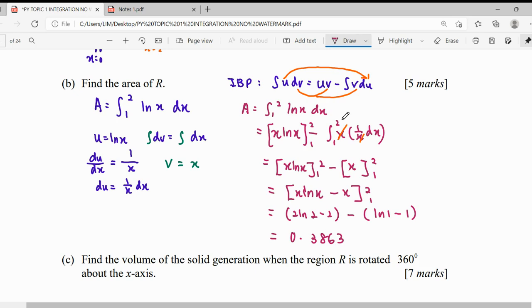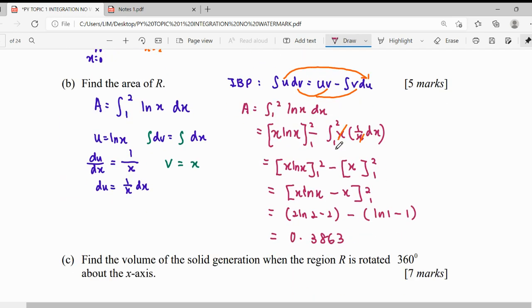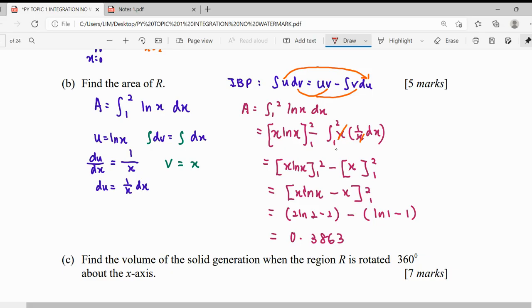So we continue to our marking scheme here. There are 5 marks in finding our area. Of course, like usual, our formula for finding area is very important. Okay, so this is our area formula. When we want to solve this, we use integration by parts.